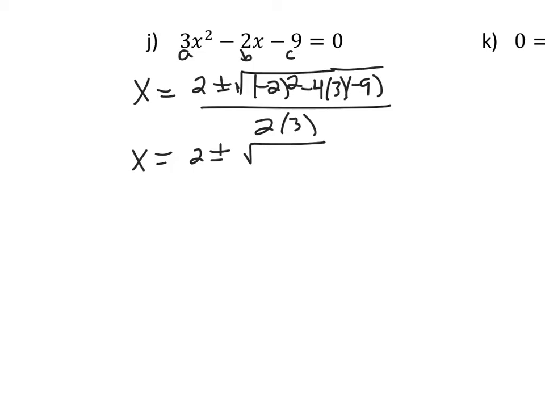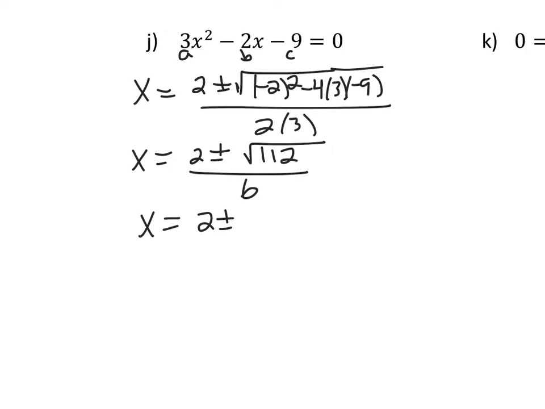Under your radical, you have 112. And the denominator is 6. Now, 112 is not a perfect square. It is also not negative, so we have to break down 112. Think about the perfect squares that go into 112.